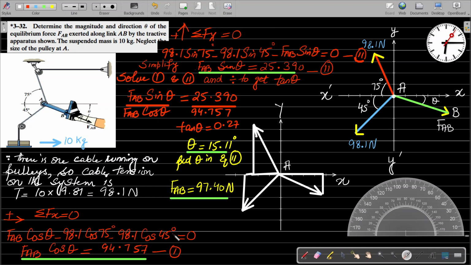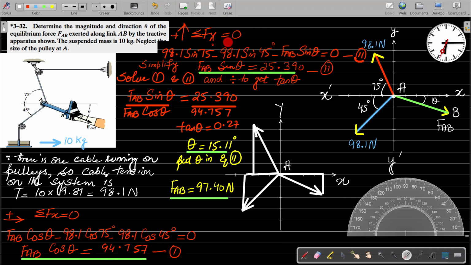Then there is another component, whose x component will be 98.1 cos 45, again with a negative sign because it is acting along the negative x-axis. If we simplify this equation, we get FAB cos theta equals 94.1757 as equation 1.